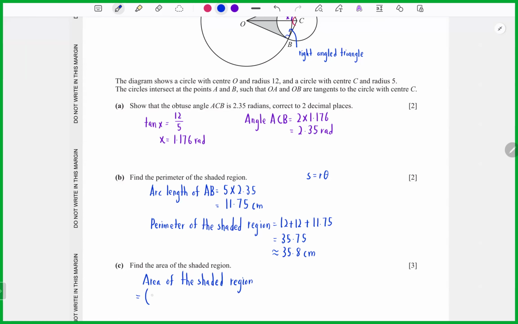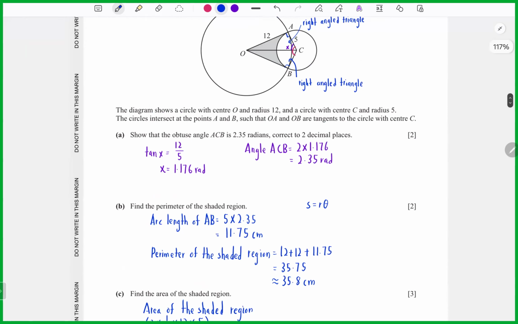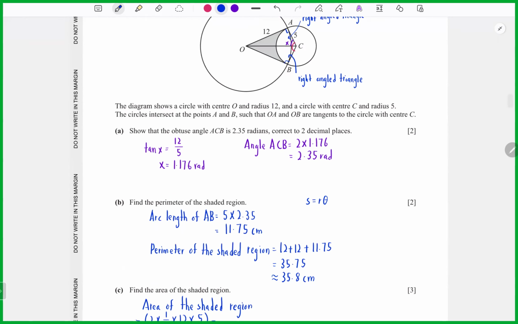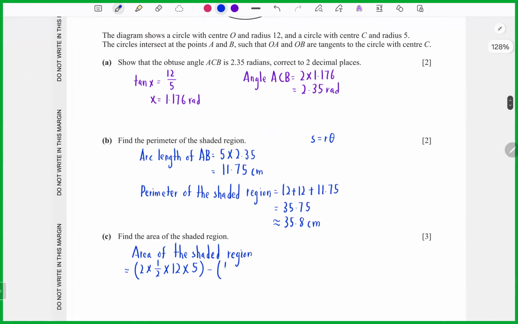equals 2 multiplied by 1 over 2 multiplied by 12 multiplied by 5, minus the sector.